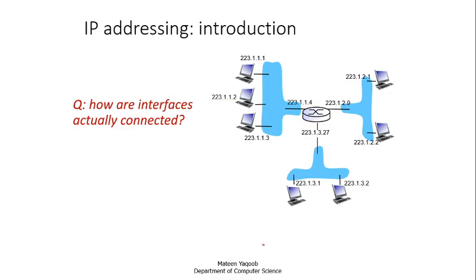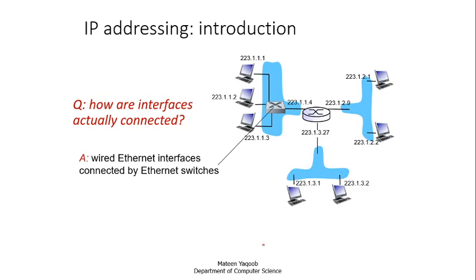So how actually the interfaces are connected, you can see here now. These hosts will be connected through a switch, and a switch is a layer 2 device, and then this switch will be connected through a wired interface to the router.